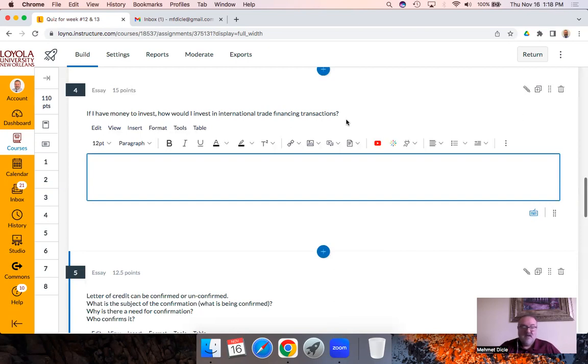And if it is a deferred LC, in which case the importer needs some time to pay, I, as a third party, can provide financing to the importer or to the exporter. The idea is very simple. I pay whoever needs the financing, and they pay me at a future date. And when that happens, literally, I just charge interest.